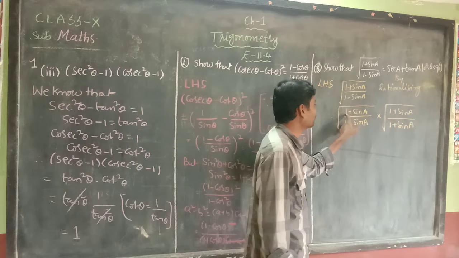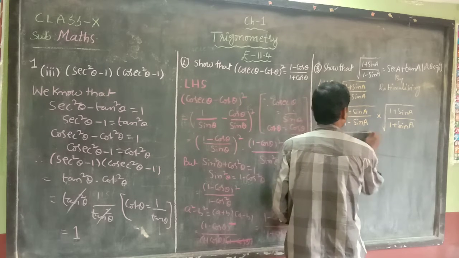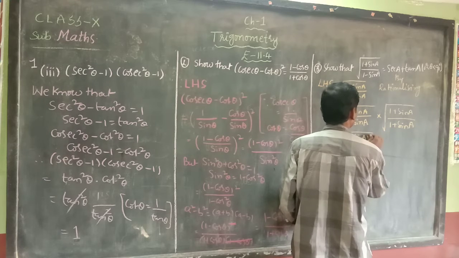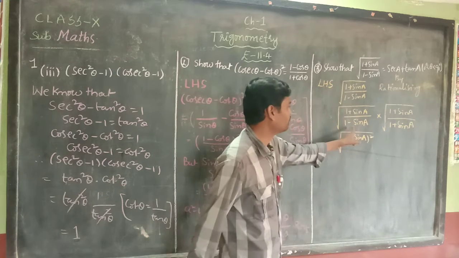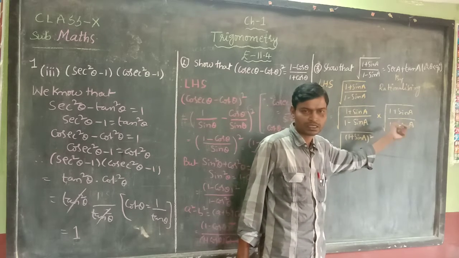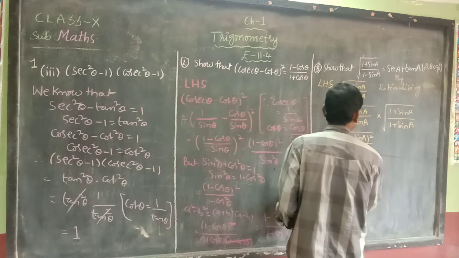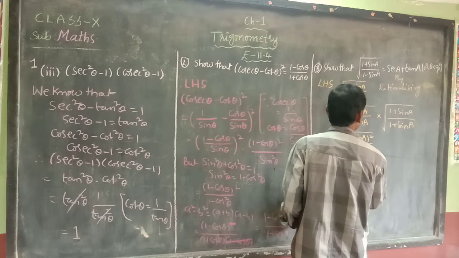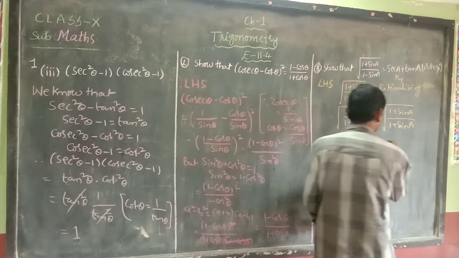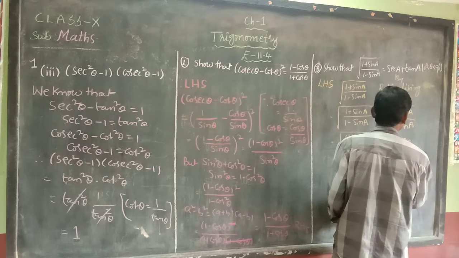So under root of (1 plus sin A) into under root of (1 plus sin A) is (1 plus sin A) whole square. In the denominator it is in the form of (a minus b) into (a plus b), which is nothing but a square minus b square. So what can we write here? 1 minus sin square A. But 1 minus sin square A is equal to what?